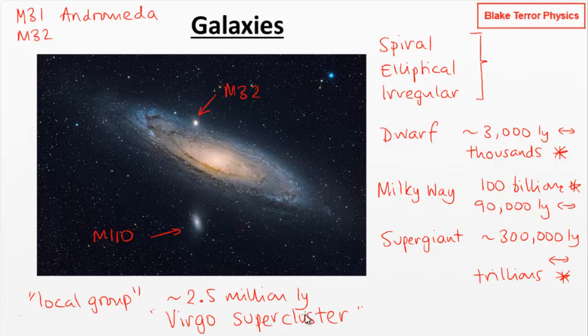Before I get on to looking at these differences between the spiral, elliptical, and irregular galaxies and some of the pretty pictures, let's take a step back to the history of how people actually identified these things as galaxies. As you probably noticed if you've watched any of my previous videos, if you go back to the 18th century, all of these cloudy objects in the sky were referred to as nebulae, referring to their appearance as being cloudy.